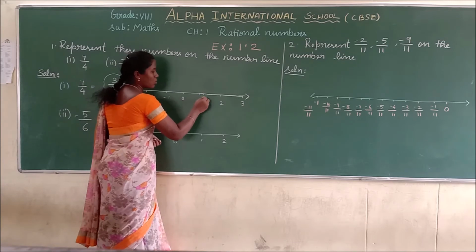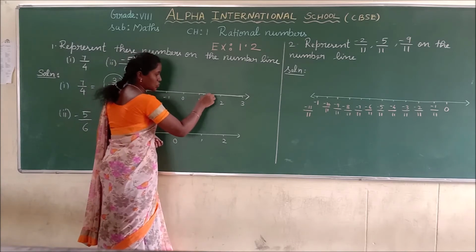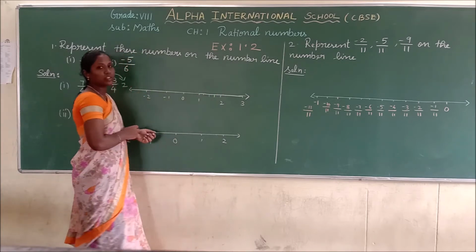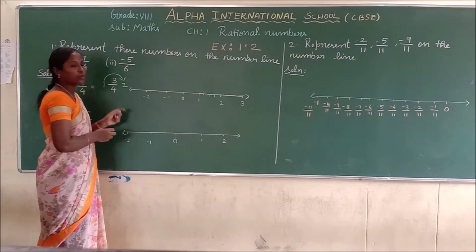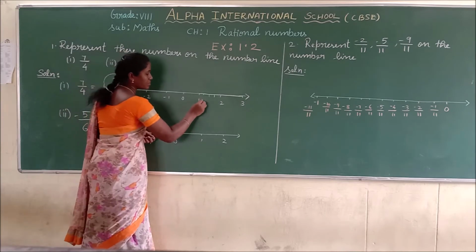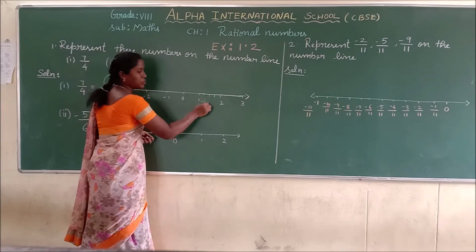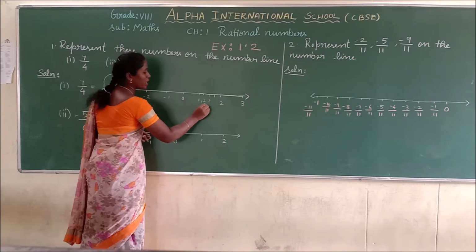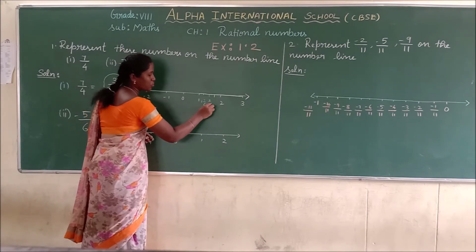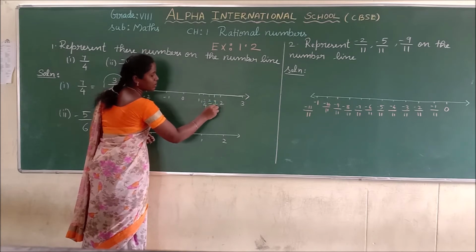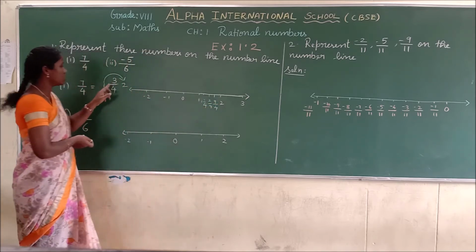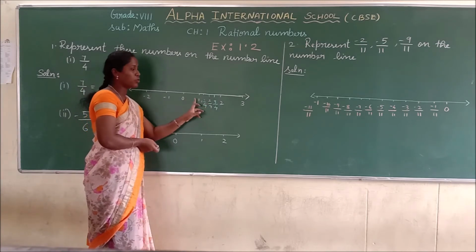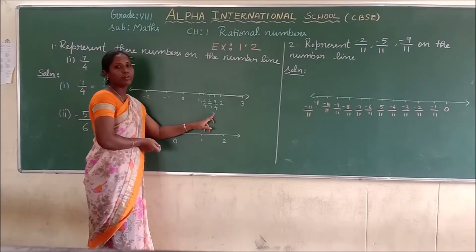Here it is 1 and this is 2, and the 4 equal parts are marked. Write the fractions. Here, 1 by 4, this is 2 by 4, and this is 3 by 4. Starting from 1: 1, 1 by 4; 1, 2 by 4; 1, 3 by 4.